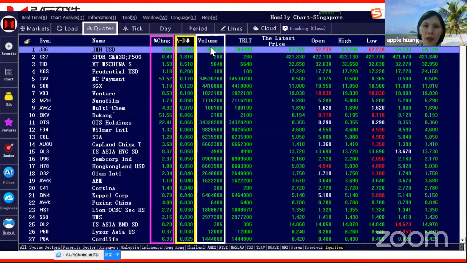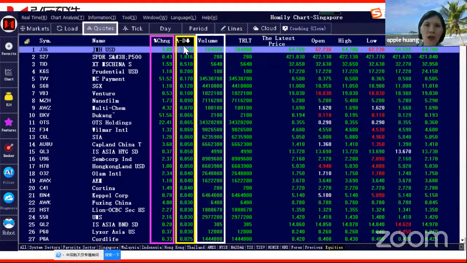All right, and then volume. Volume is the transacted volume. So people also like to see which have high trading volume, and you can also find trading opportunities here. The operation method is also the same.